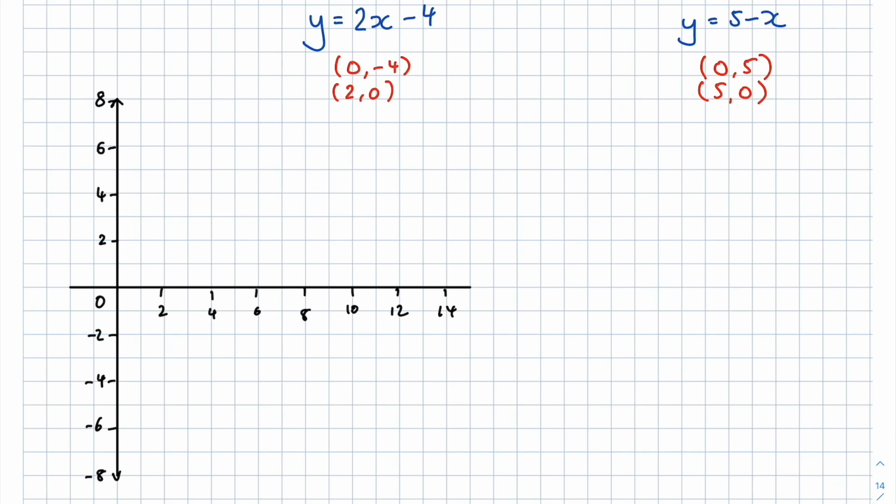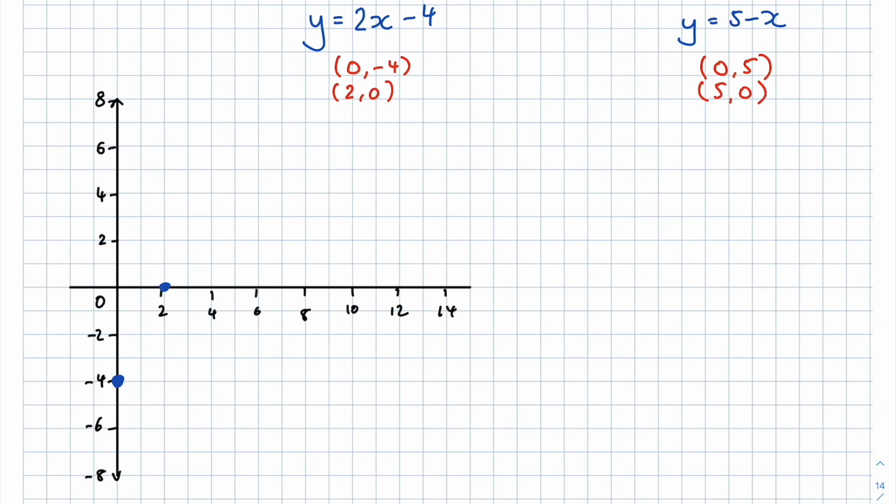We've got 0 and negative 4, so that means when x is equal to 0, y is equal to negative 4. That's down here in this corner. And then we've got 2, 0, so when x is equal to 2, y is equal to 0. That's this point here.